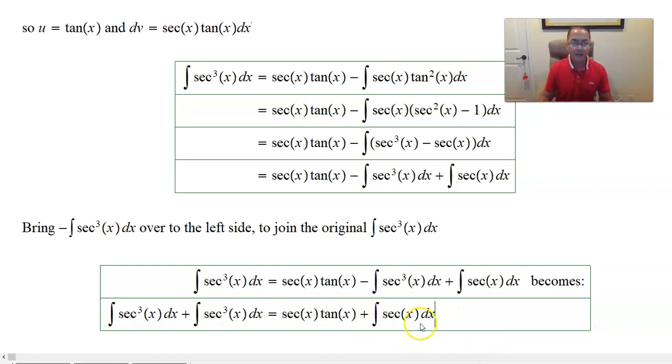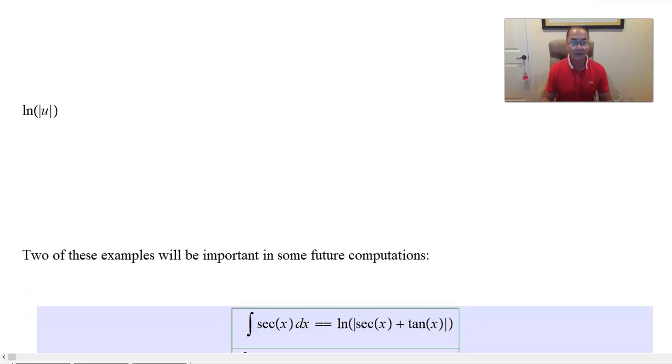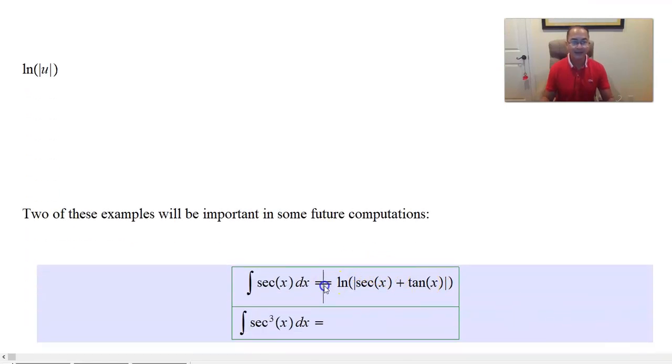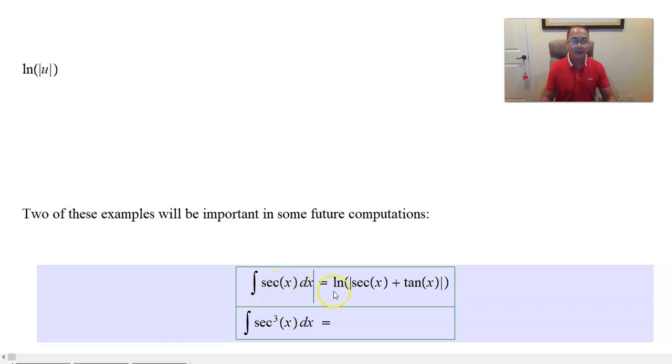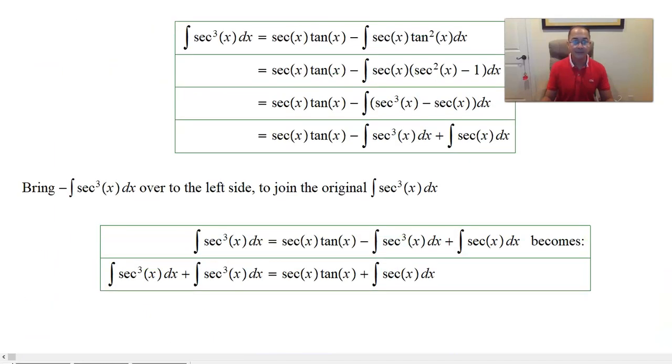You remember what this was? Well, fortunately, we are going to summarize that. So I already put that over here. There it is. The integral of secant is ln of secant plus tangent. And we have room for the one we're working on.